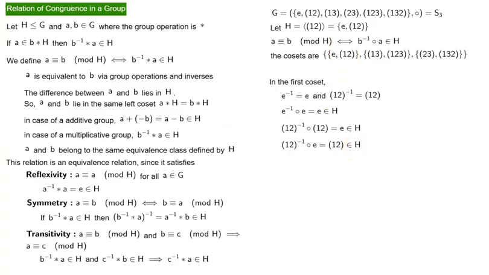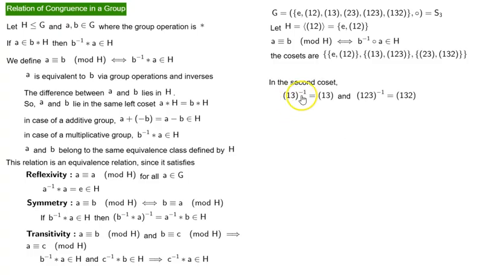Okay, now let's look at the second coset. (1 3) inverse is (1 3) and permutation (1 2 3) inverse is (1 3 2).